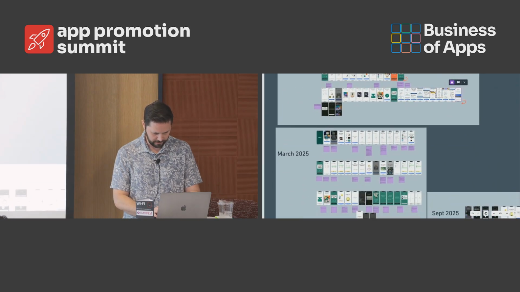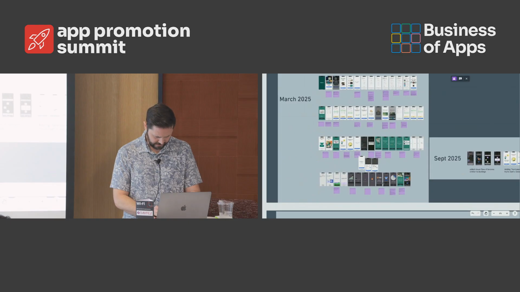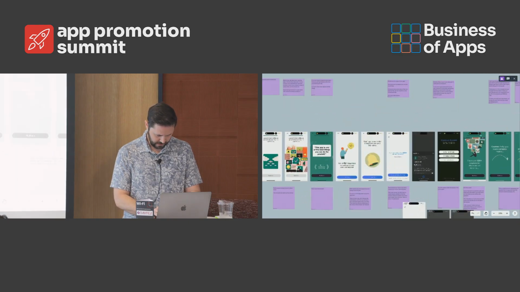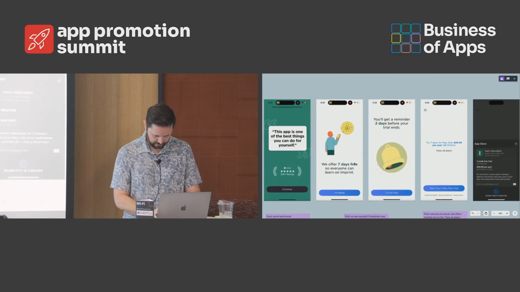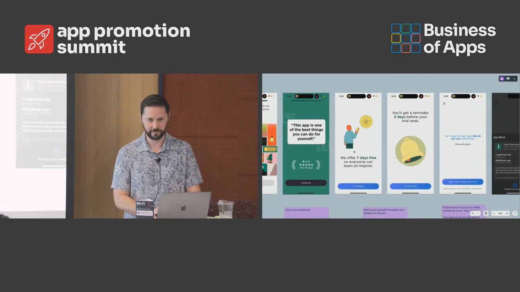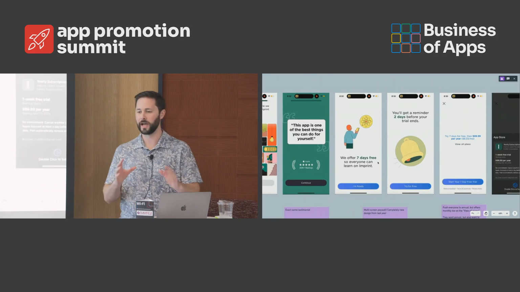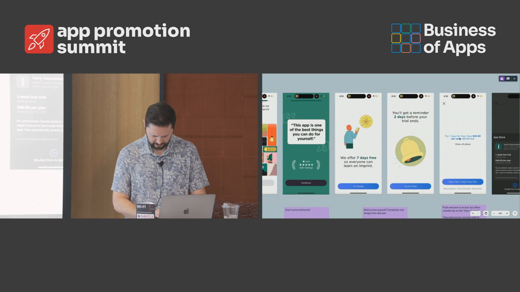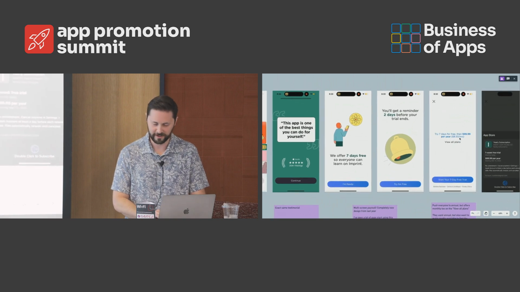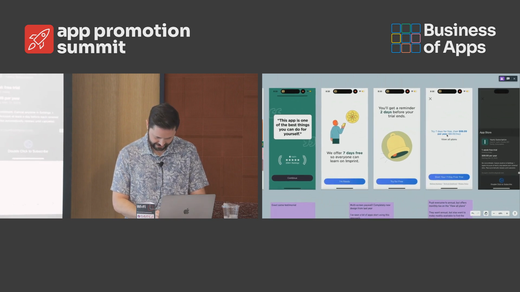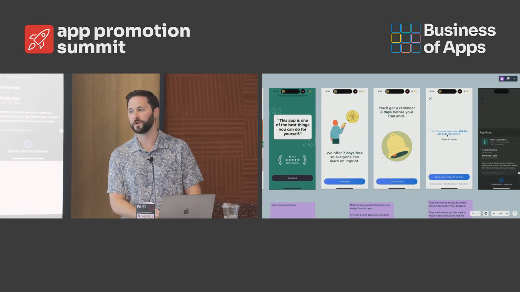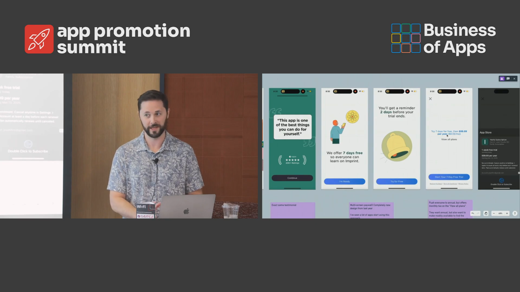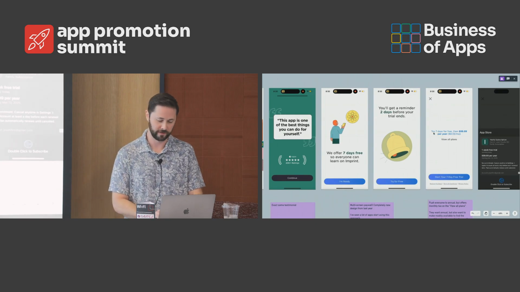We look at March 2025. Does this look familiar? They shifted to that broken out multi-page paywall as well. And hold on, that looks pretty similar to Headway, huh? If it works for similar products, if it works for your competitors in these conversion moments, it's worth trying for yourself as well.